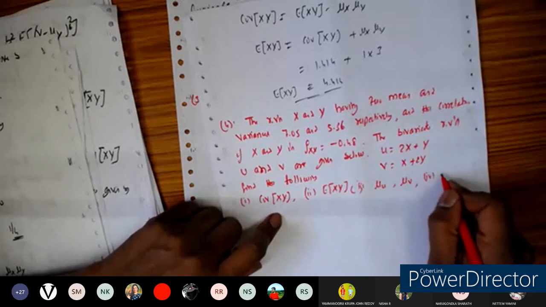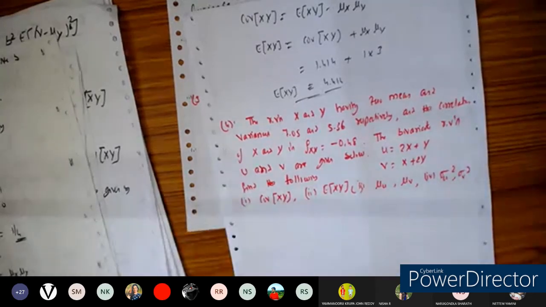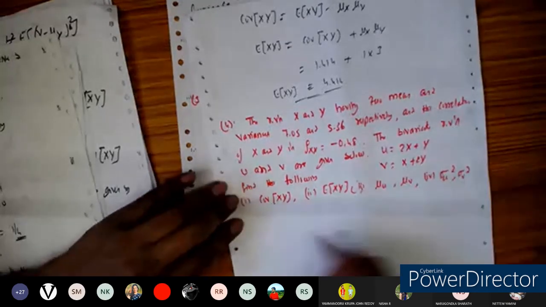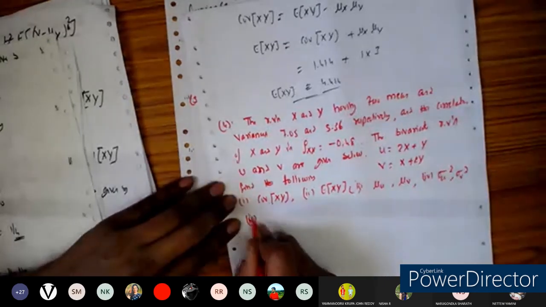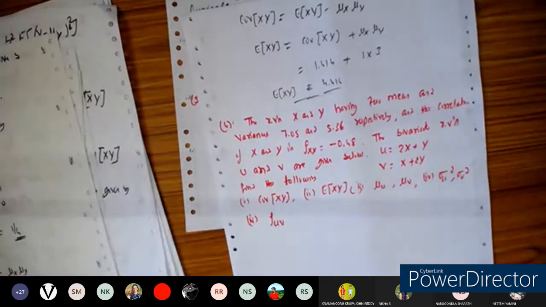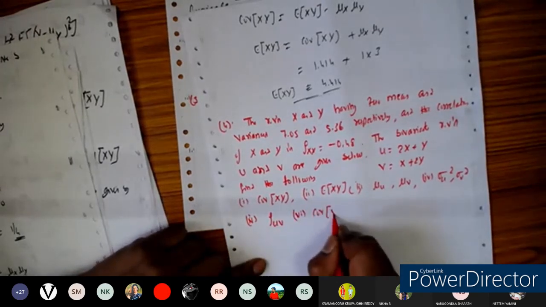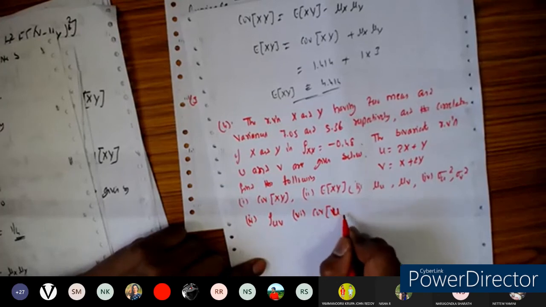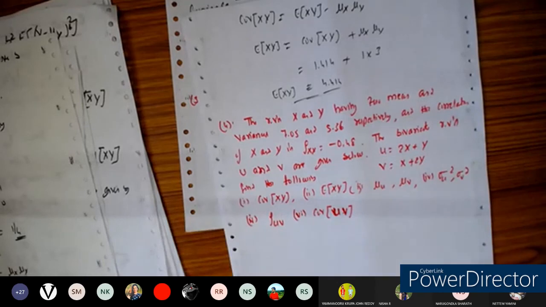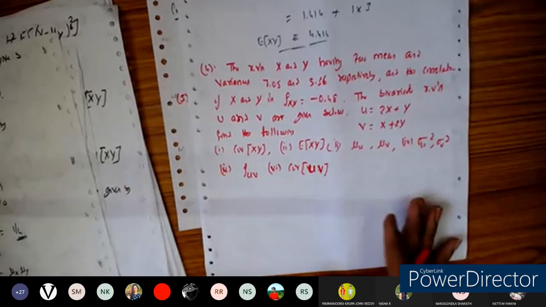The fourth one is sigma u square, sigma v square, and the fifth one is the correlation between the random variables u and v. And the sixth one is the covariance between the random variables u and v.